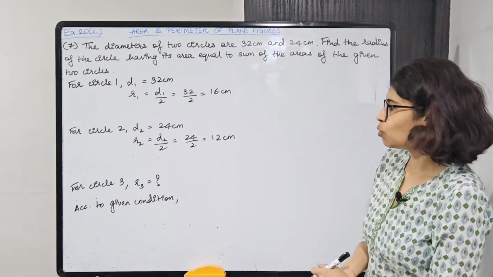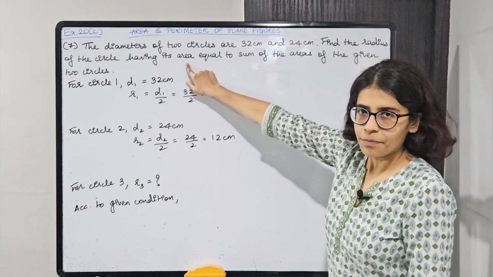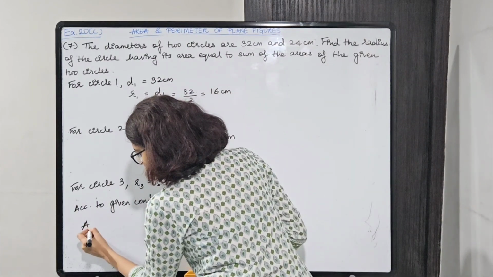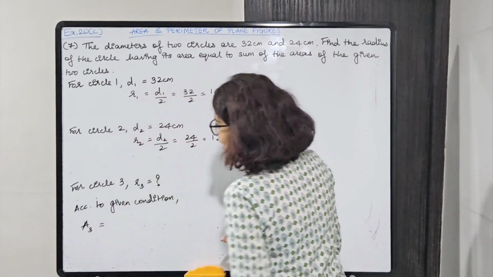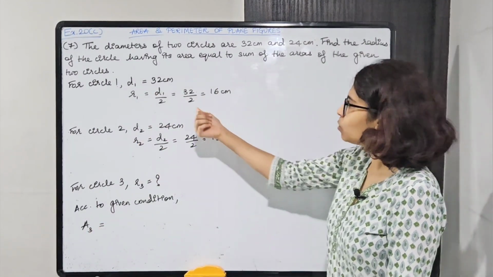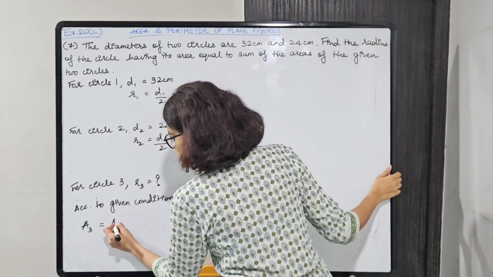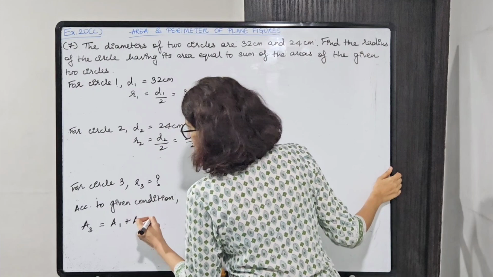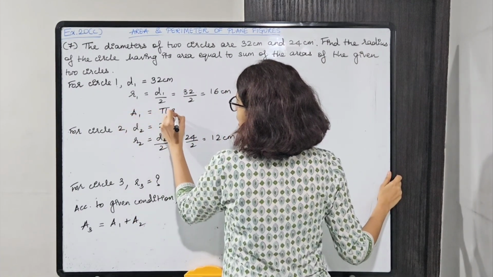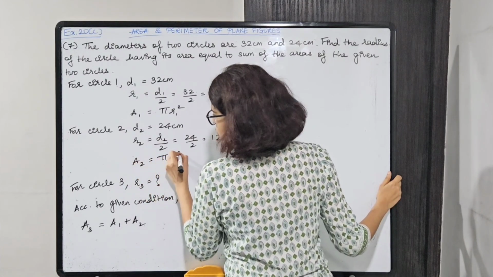Okay, so according to given condition, for circle 3, area A3 is equal to the sum of the areas of the given two circles. So it is equal to area of circle 1 plus area of circle 2. So it is A1 plus A2. A1 will be pi R1 square. A2 will be pi R2 square.